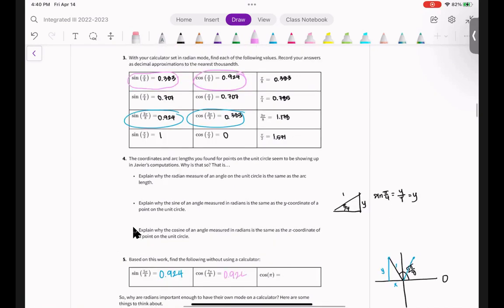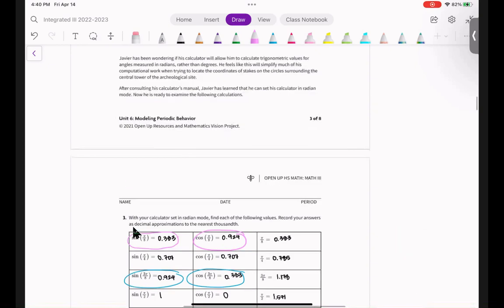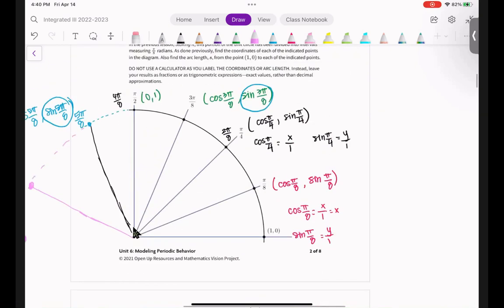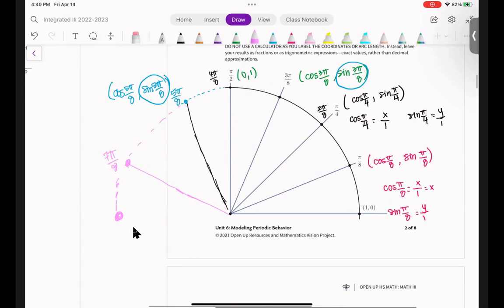So this should have been 0.924, right? Except we're not going positive, right? If you look at this guy, he's on the negative side of x.